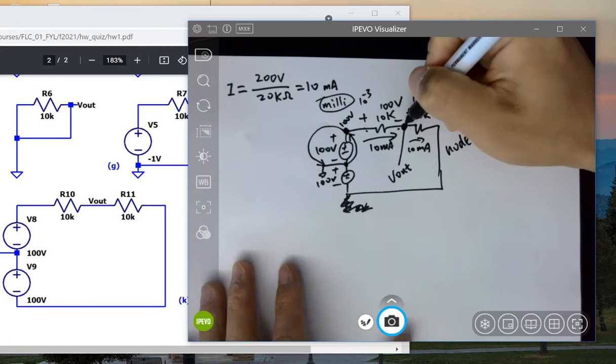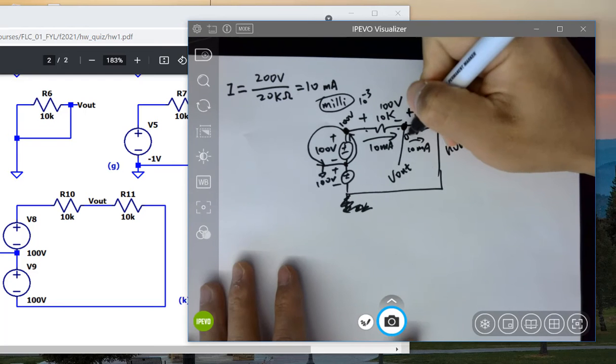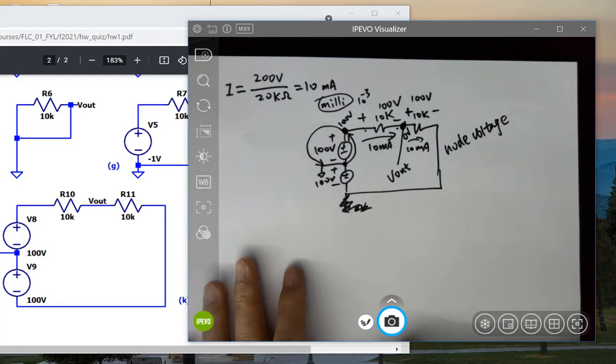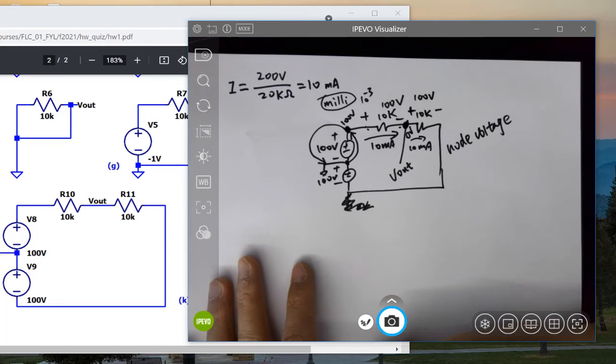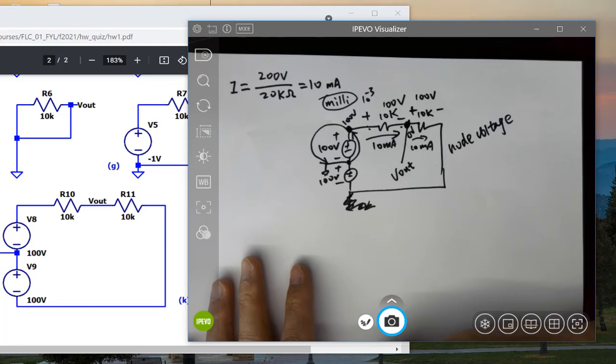So here's 100 volts, dropped by 100 volts. So what's the voltage here? It's 0. Sounds odd, right? It's not being shorted to the ground, but it's 0 volts. You know what's happening? And then it gets dropped again.